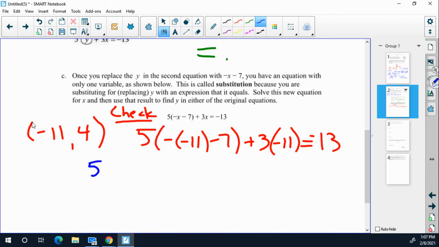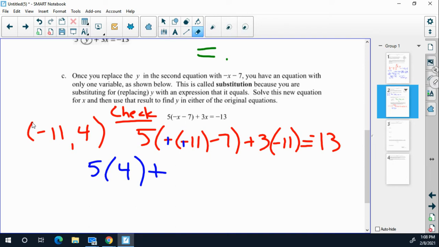So anyway, here we go. So we have 5, and then negative times a negative is a positive. So 11 minus 7 is 4. Put that in parentheses because you're multiplying that. Plus, what is 3 times -11?